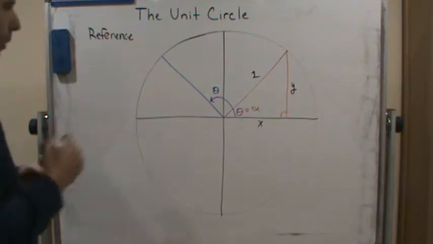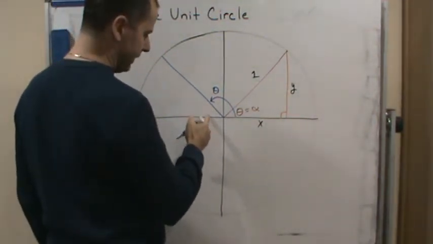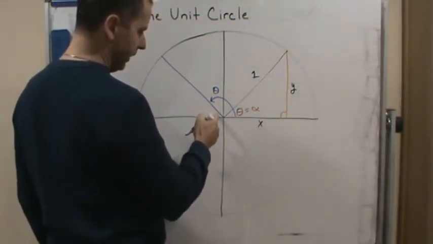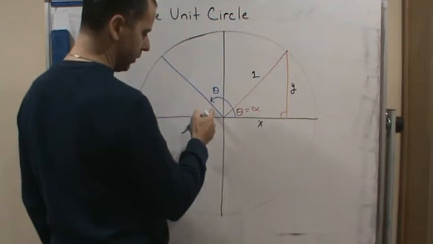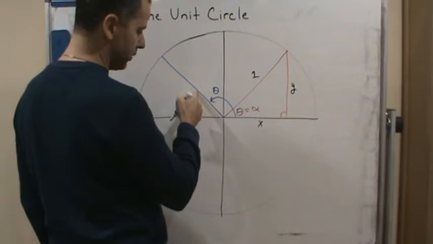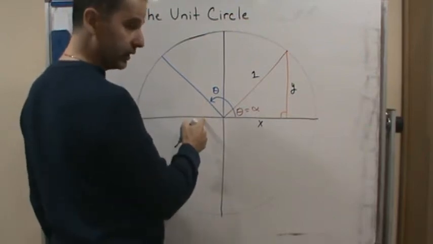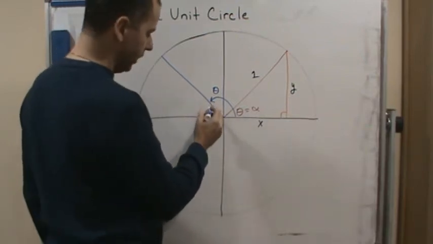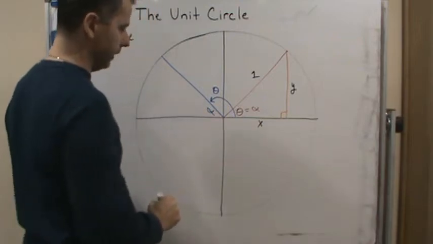But the reference angle is going to be this angle here. It's the smallest positive acute angle with the terminal side and the closest horizontal axis. So this is what we're going to call alpha.